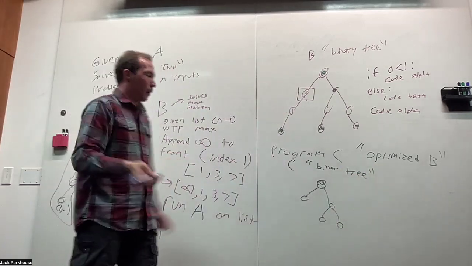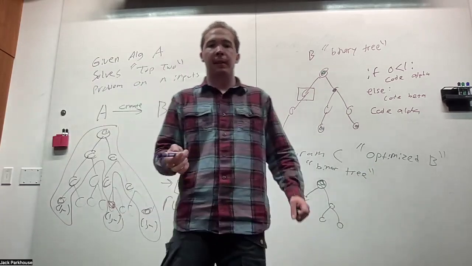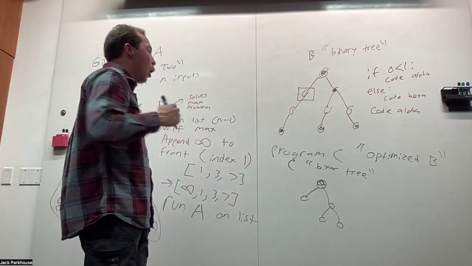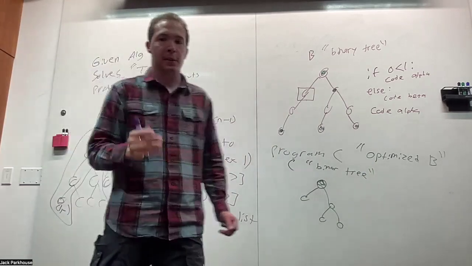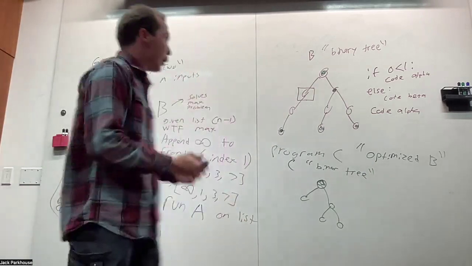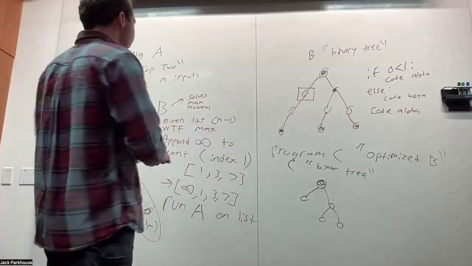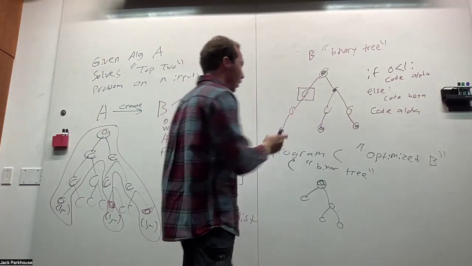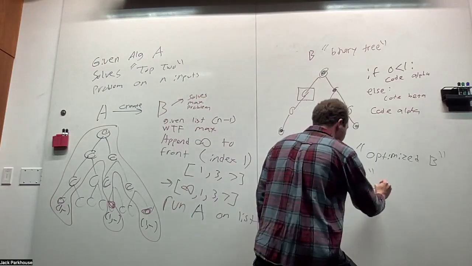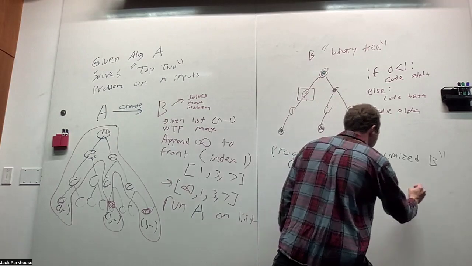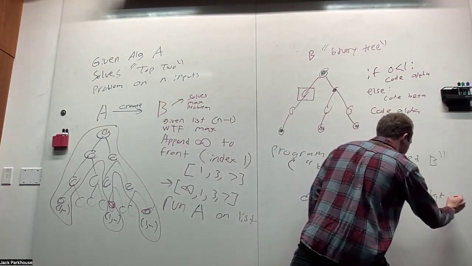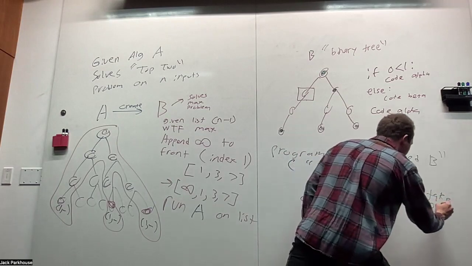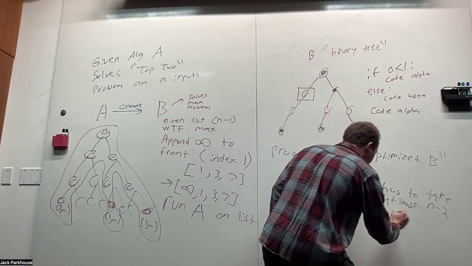And now something to note, both programs B and program C are valid algorithms to solve the max number problem. So for both of these, there is a restriction that it has to take at least n-1 or n-2 ops.